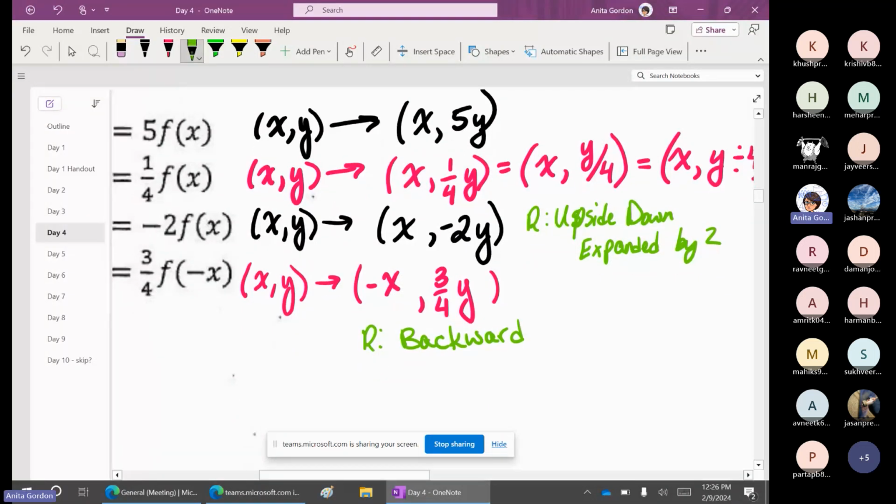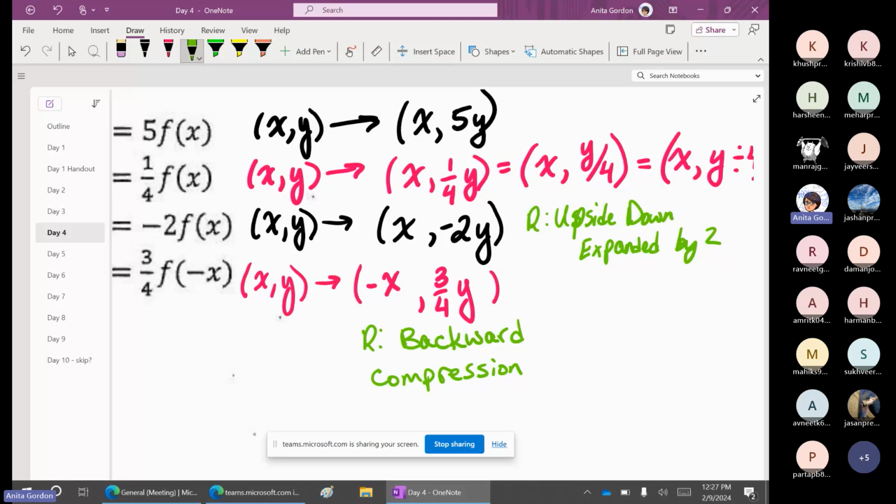And 3/4, am I getting smaller or bigger? Smaller, so I have a compression. Okay, so 2 bits of information there. The negatives are always part of the coefficient. So if you have a positive number, you're going to have either a compression or expansion. If you have a negative number, you have a compression, expansion, and a flip.